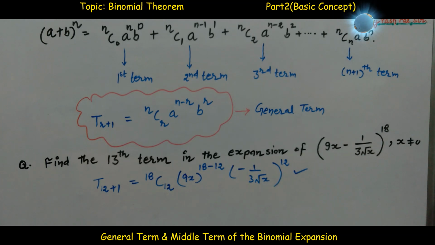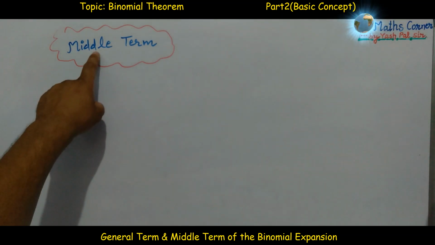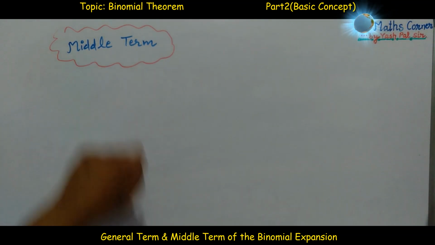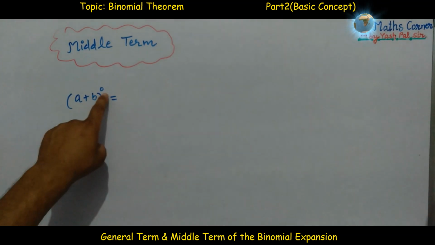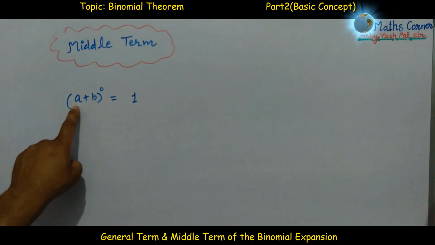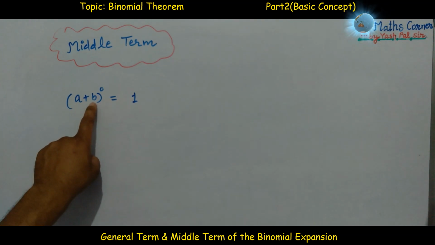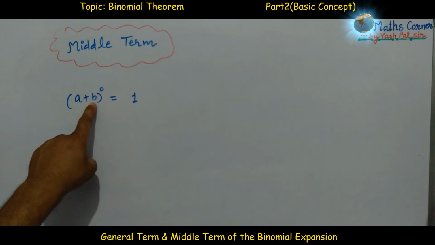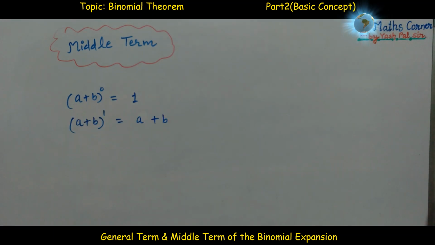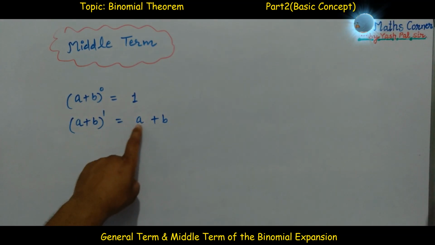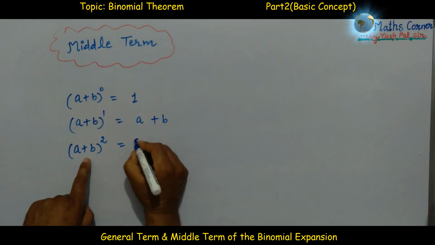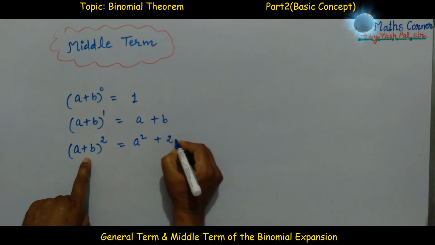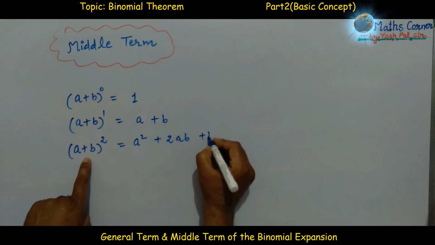Okay, now next is middle term. What is middle term and how to find the middle term? First of all, let us have one example. (a plus b) whole raised to power 0 is equal to 1, where a plus b is a non-zero finite quantity. (a plus b) whole raised to power 1 is a plus b. (a plus b) whole square is a square plus 2ab plus b square.